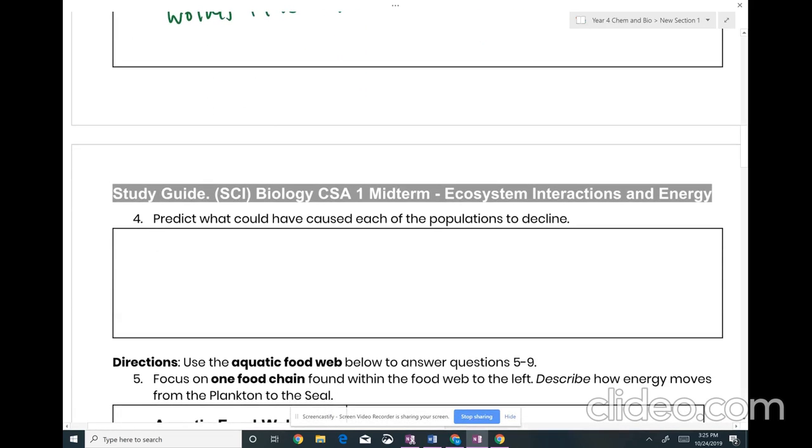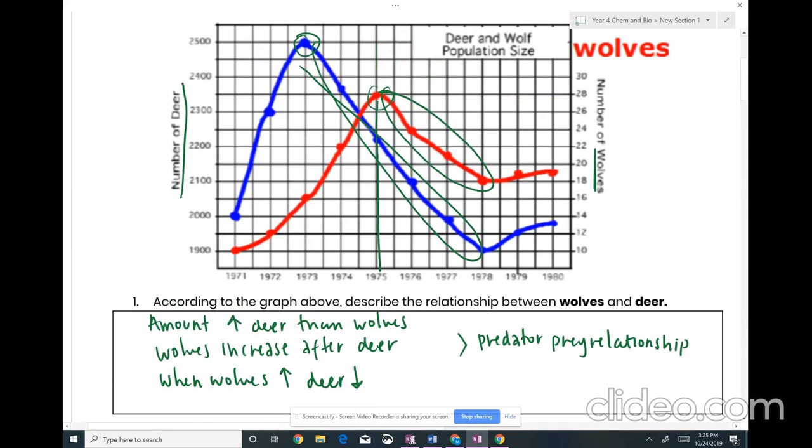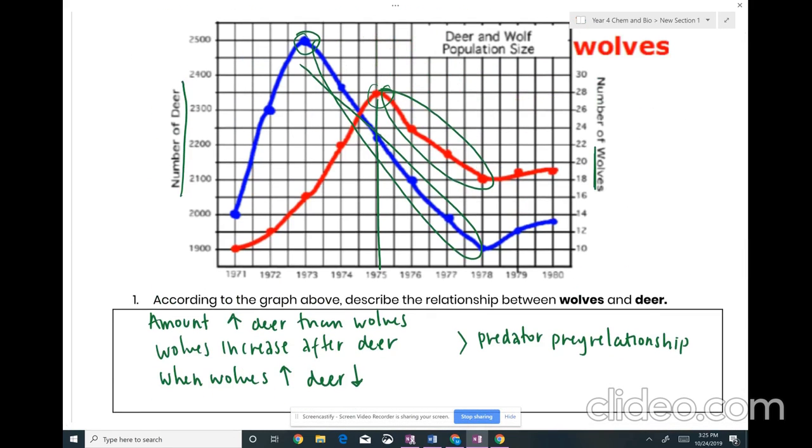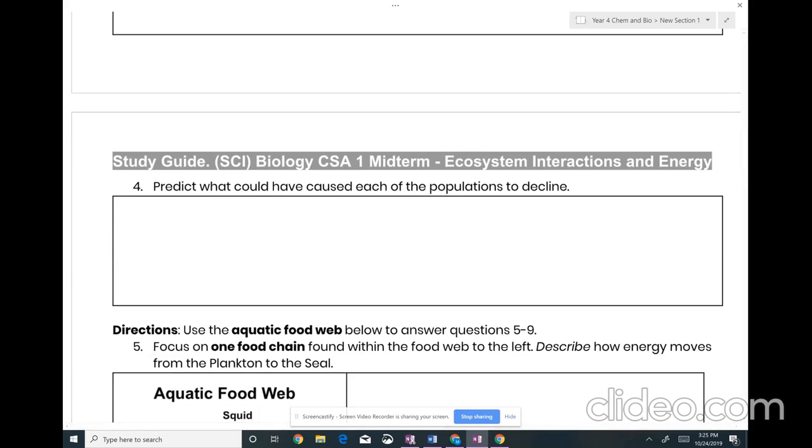Okay, so predict what could have caused each of the populations to decline. Right? So again, here we're just talking about density independent and density dependent factors, right? So anything that has to do with density independent and then density dependent. It can fall in either of those categories.